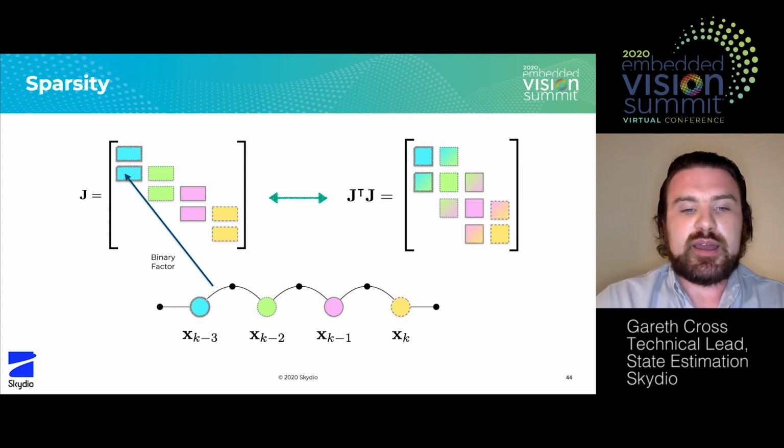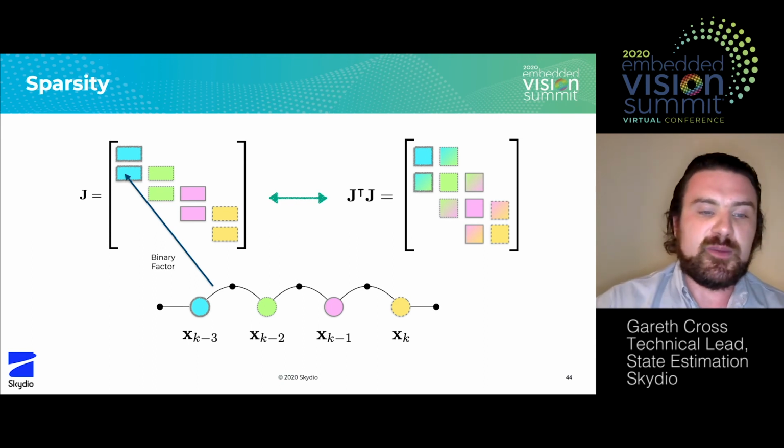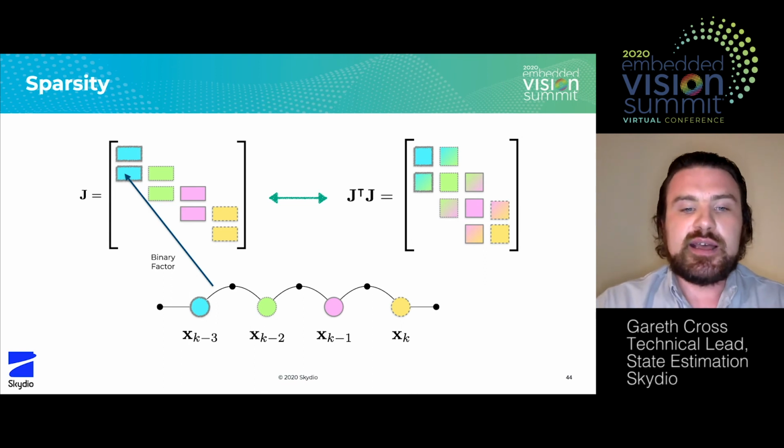They are connected by binary factors, so these are sequential states that have some measurement between them, and then we have a single unary factor at the start and at the end of the sequence. So in total you have 5 factors here connecting 4 parameters, and if you visualize the Jacobian for that, it's going to have a lot of zeros in it, which are the empty blocks here. And consequently, the Hessian, or our approximation of the Hessian, will also be sparse. There's a lot of zeros in that as well.